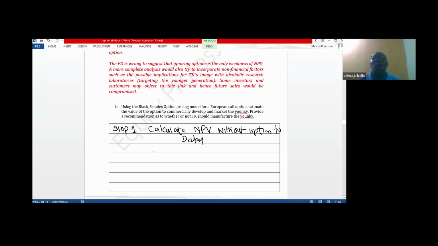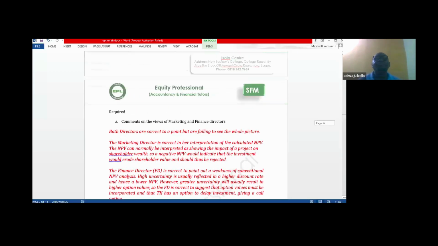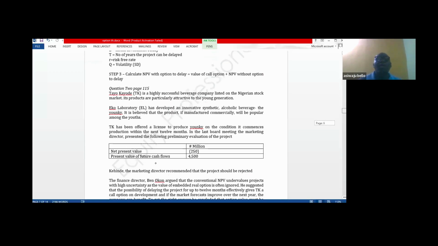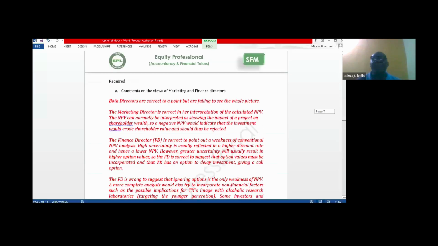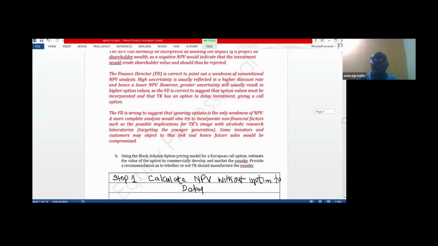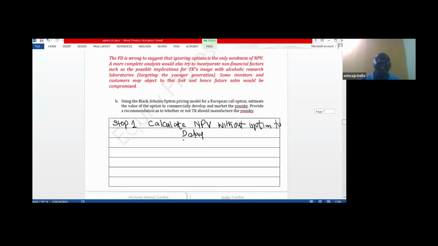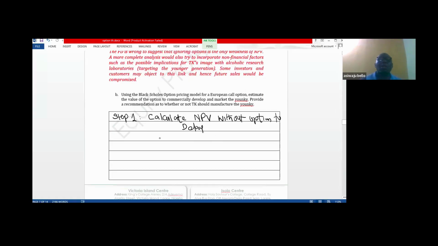Examiner has done this for us. Look at it. The net present value of the project is negative 250 million.